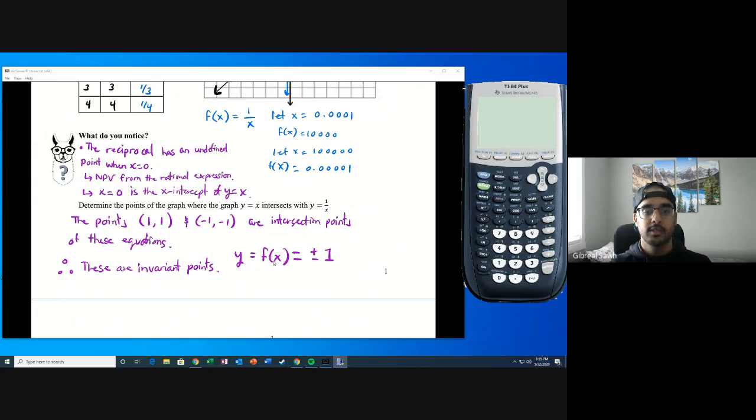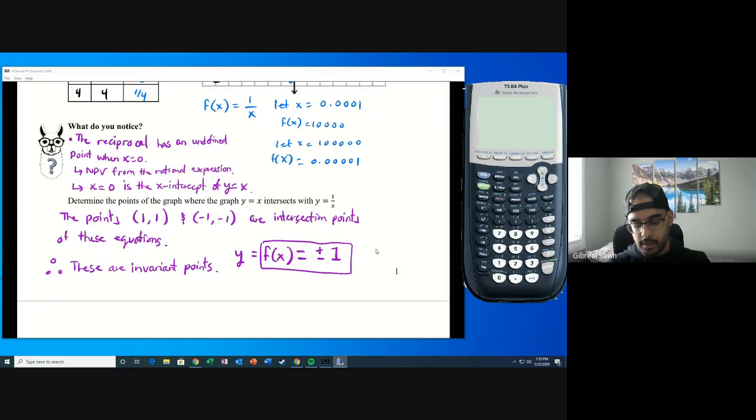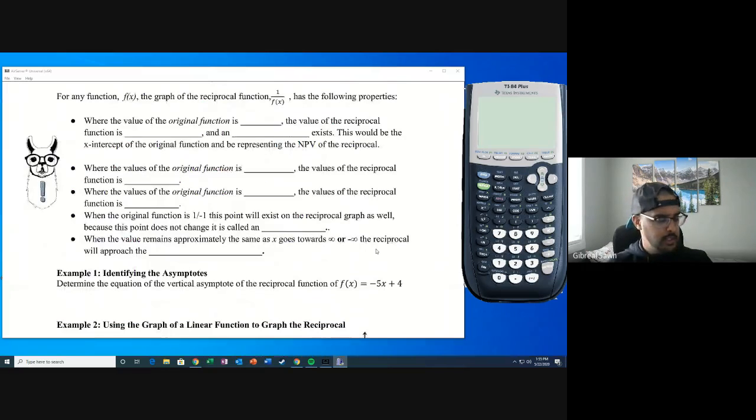So if y is equal to f of x, remember x is the input, f of x is what we get as the actual value. When the f of x is equal to positive or -1, we could find the corresponding x values to make that true. So this is an important fact that we're going to use throughout this to find those invariant points.